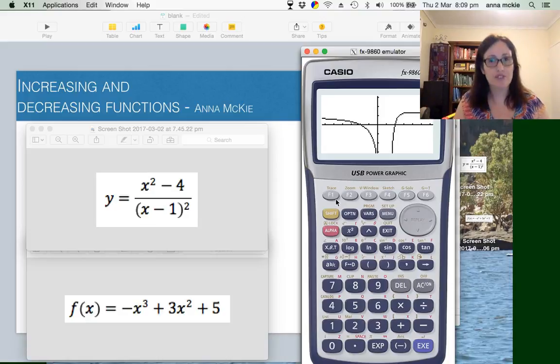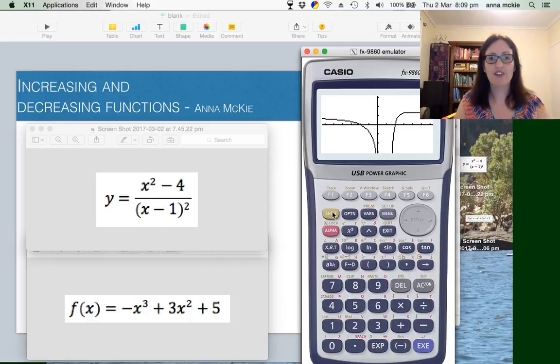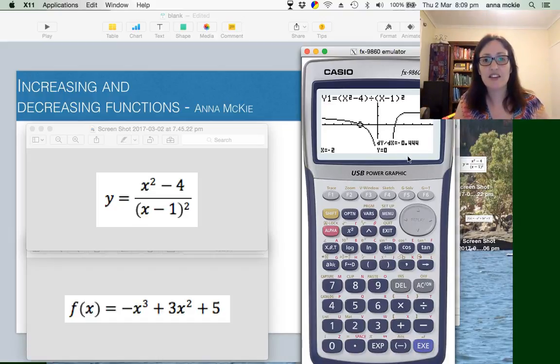Well, if you have your derivative turned on, so in shift setup, your derivative is on, on that graph, let's trace a point. We know that anything to the left of 1 is going to have a negative f dashed of x value, or dy by dx. So let's pick negative 2 here. Now have a look, the dy by dx value is a negative number. That confirms what we know, that it's going downhill, so the derivative is negative.